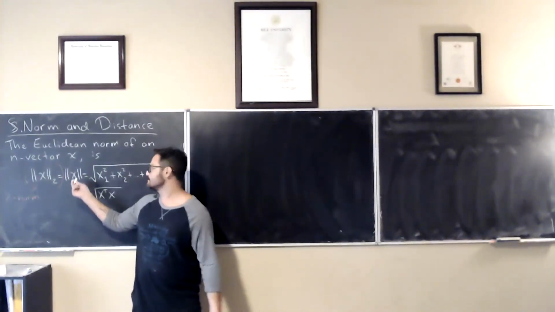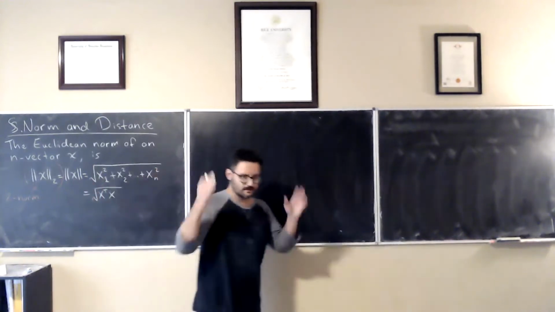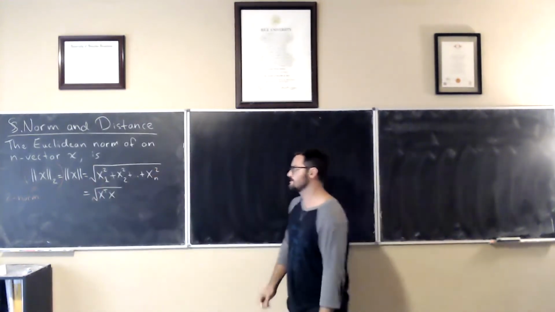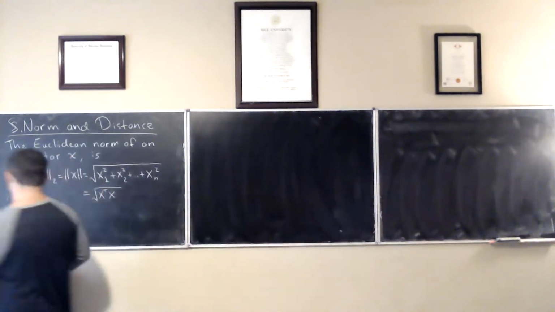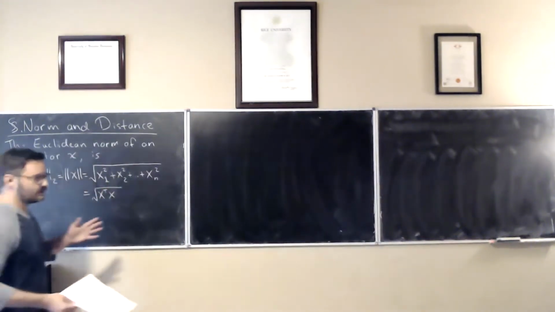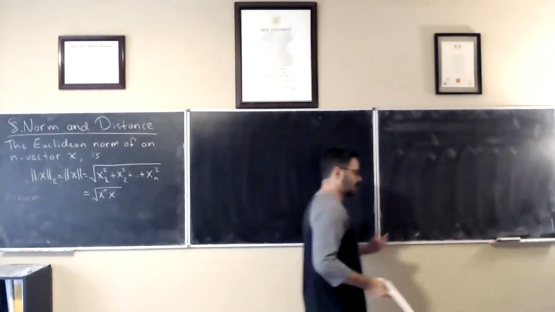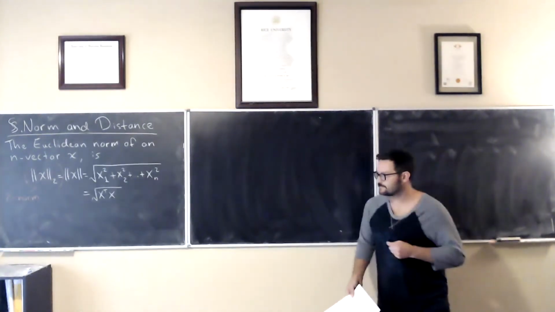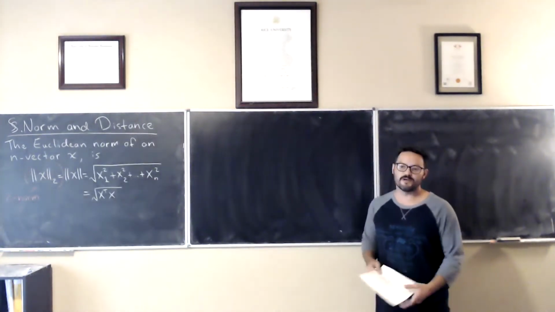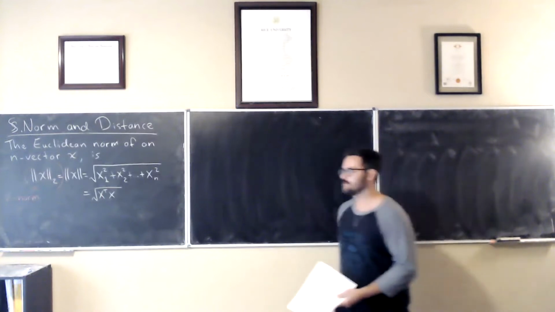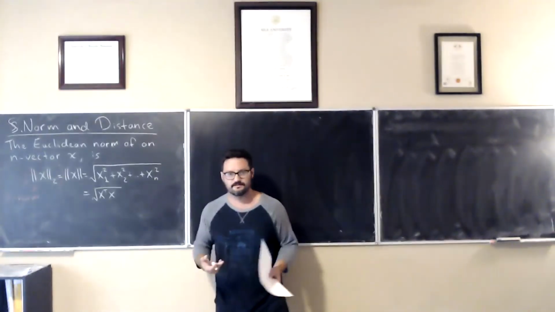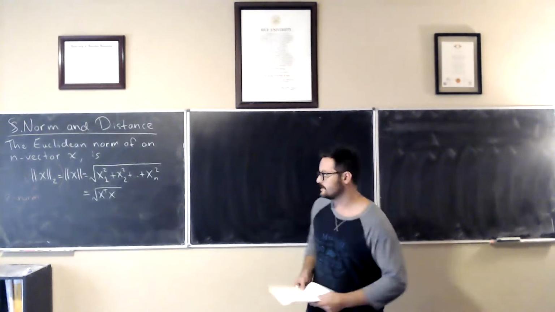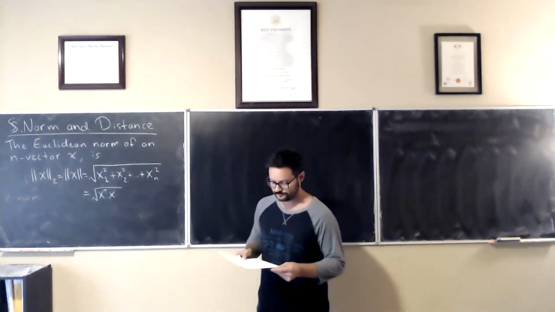So we're just going to write these double lines around the vector to indicate the norm. Okay. But there are other norms, and you can think of them as a metric, a way to measure distance. And there's different ways to measure distance. This just happens to be one of them.